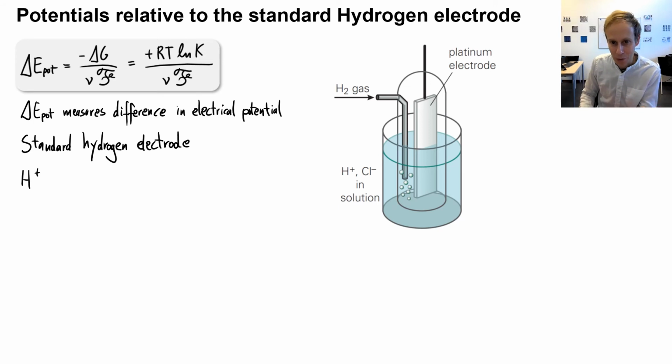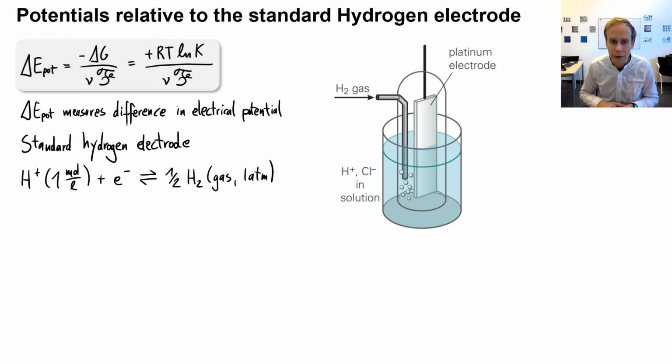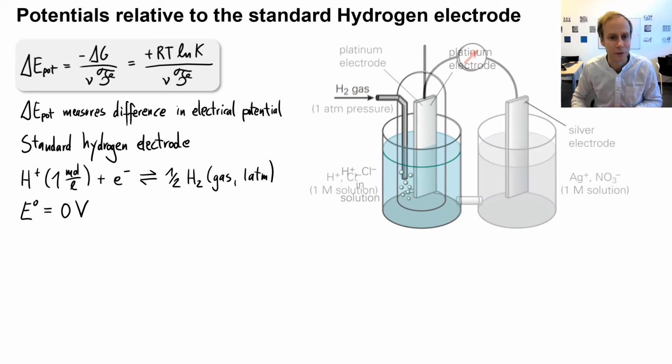Now the protons in that solution are at a standard state of 1 mole per liter. That's the concentration in here. And they can react with electrons that come from the electrode to form hydrogen gas at 1 atmosphere pressure, right? Now the potential of this standard hydrogen electrode, I mentioned it already, is just defined to be 0 volts. It's not really 0 volts, but it is defined as 0 volts.